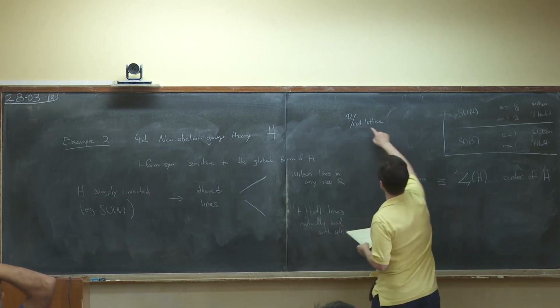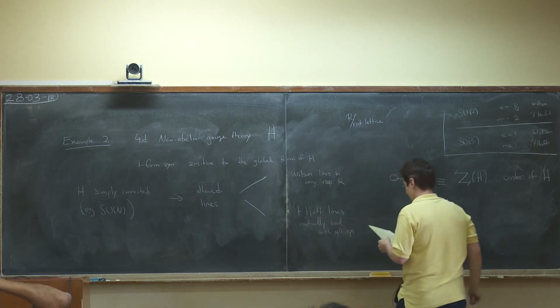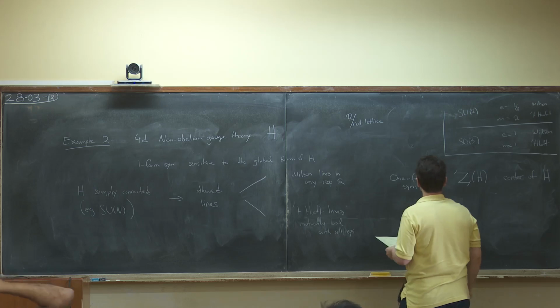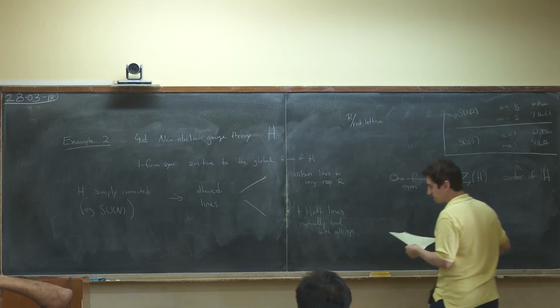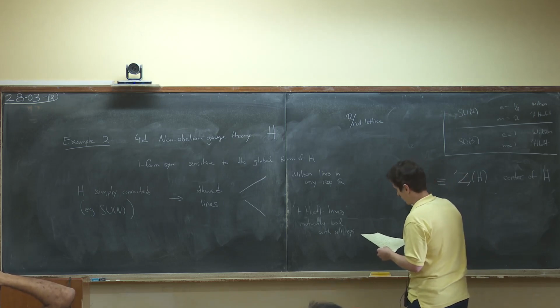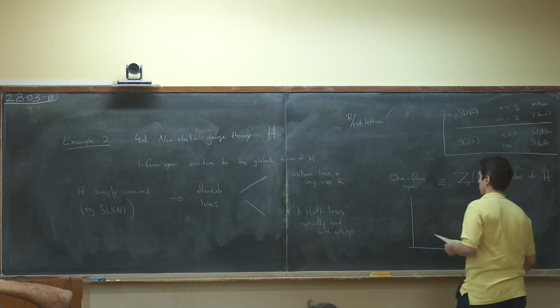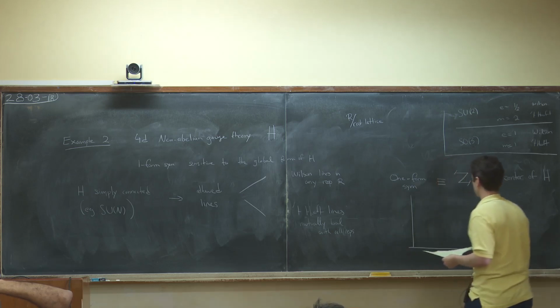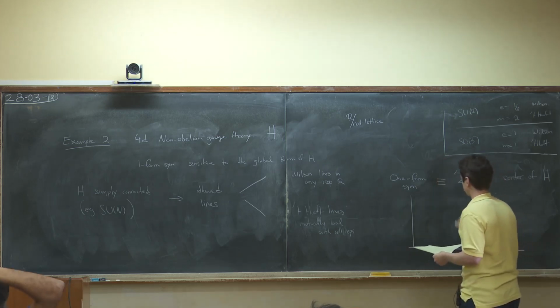And the Wilson lines exactly carry these charges. You could again ask, how do I define the defect? And now we've learned that one way to define it is by a disorder operator. So these surface operators have the same disorder definition.